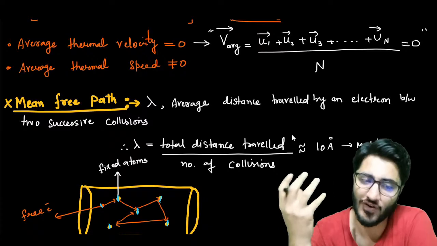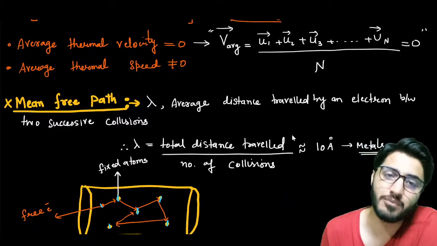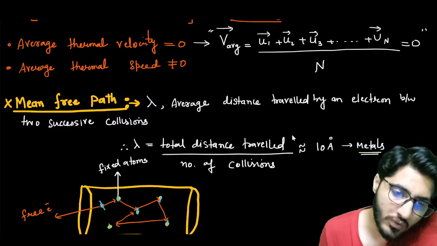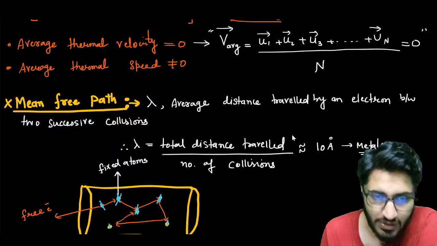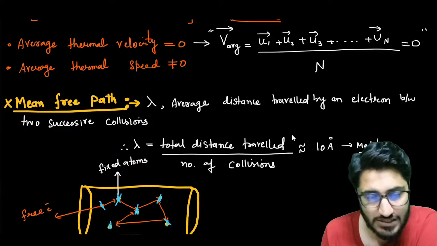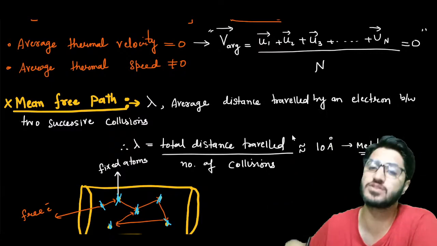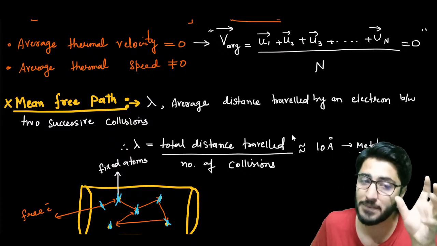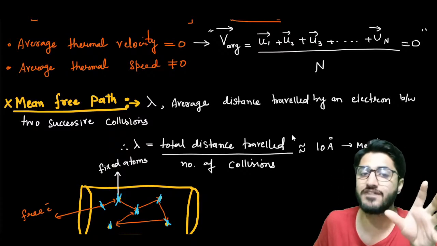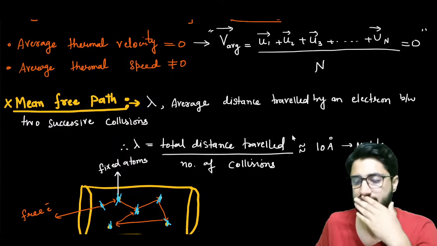It is the average of all. What does mean mean? Simply, look, one collision, second collision, third collision, fourth, fifth, and sixth collision. I have to take the mean of the six collisions, and it gives us the idea of mean free path, denoted with the symbol lambda.